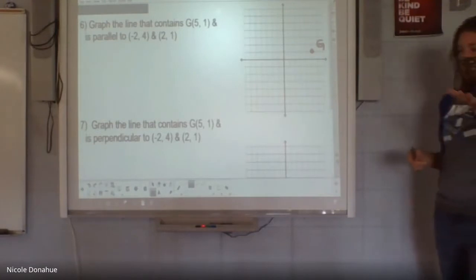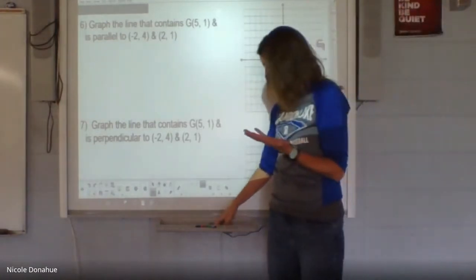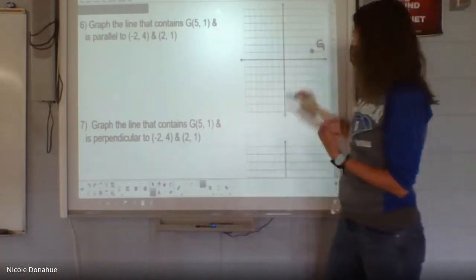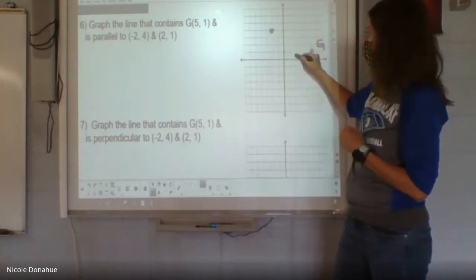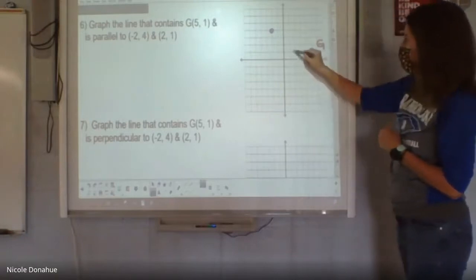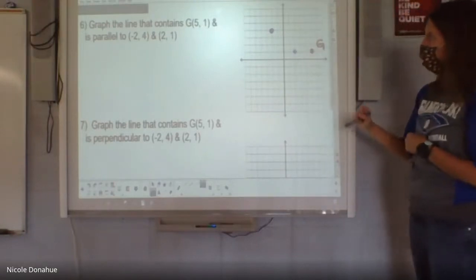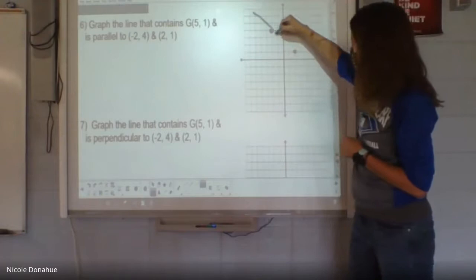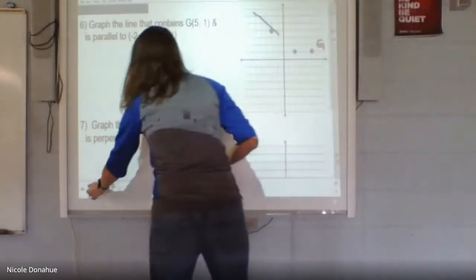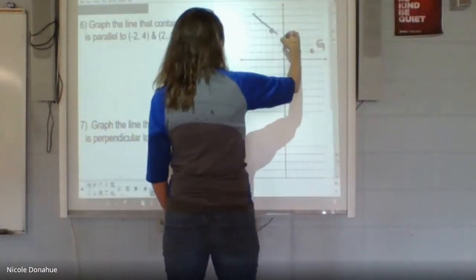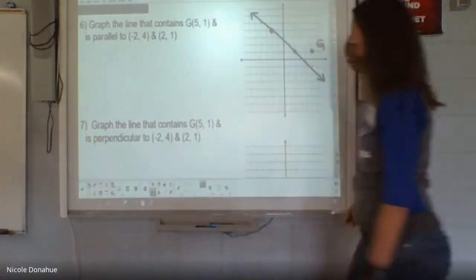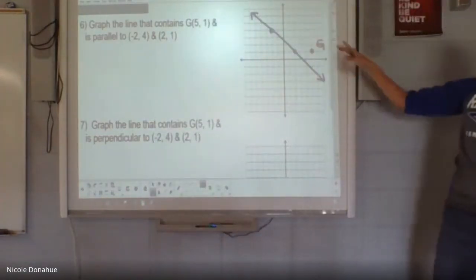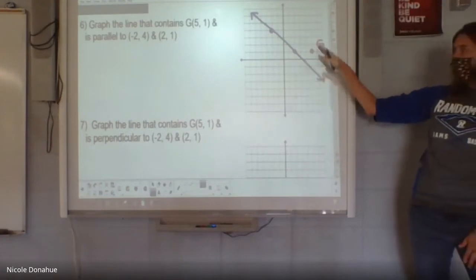We could probably graph that line as well, like this blue line here. So I want to draw a line that's parallel to the blue line, but goes through G.